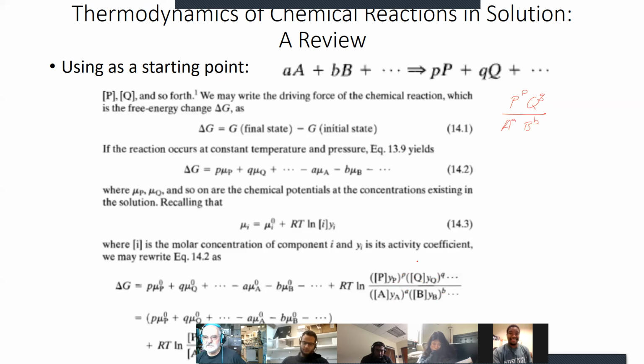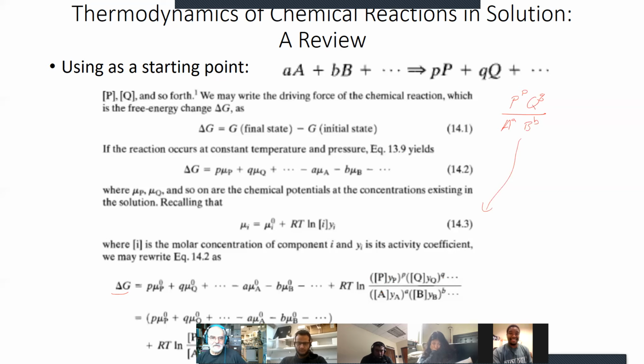So this is essentially the equivalent of what will become an equilibrium constant, as long as the concentrations are at equilibrium. But if they're not at equilibrium, then it will be whatever these concentrations are at that point.